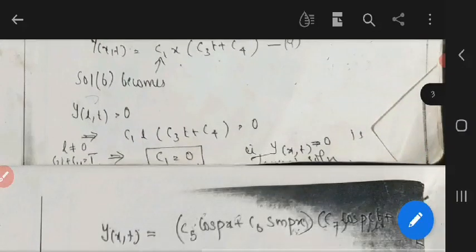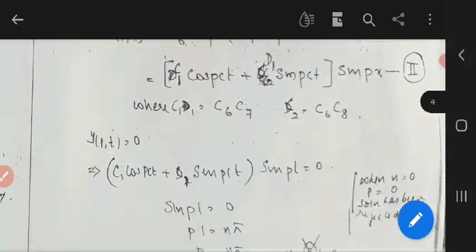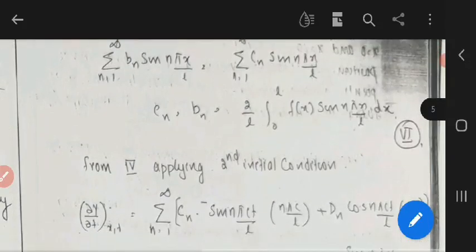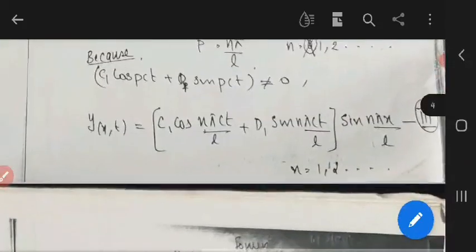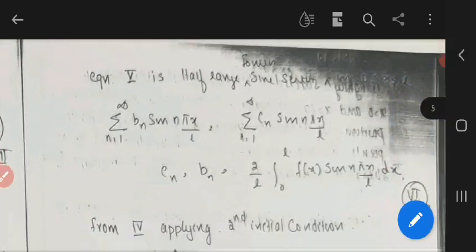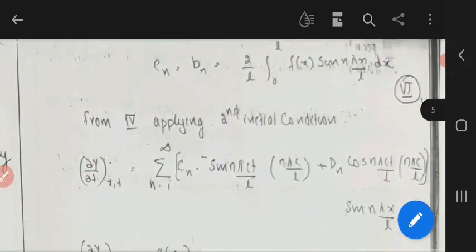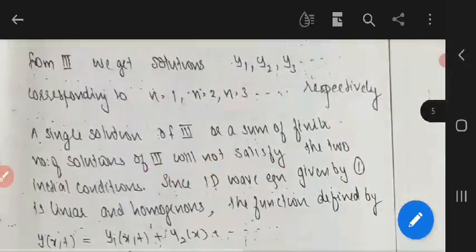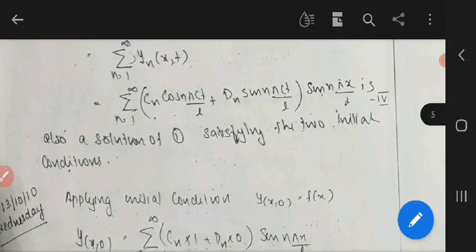So the case when the ratio is negative is what we want, and after substituting all those values of initial and boundary conditions, finally we get the solution y(x,t) equal to c1 cos(nπ/L ct) plus, not c1, actually it is cn, because using the method of superposition we get the solution like this: the sum of cn cos(nπ/L ct) plus dn sin(nπ/L ct), whole into sin(nπx/L).